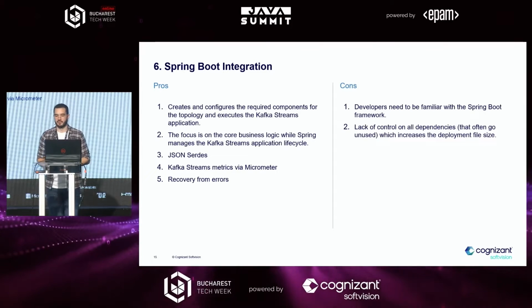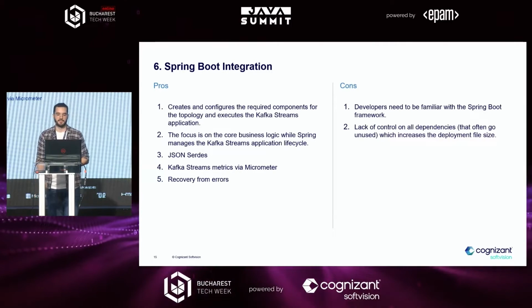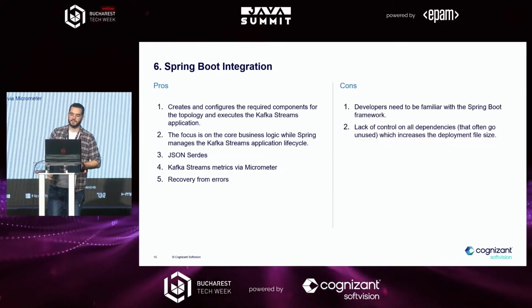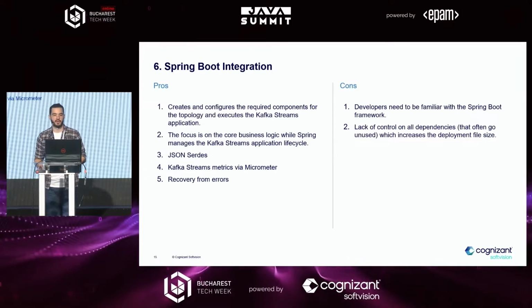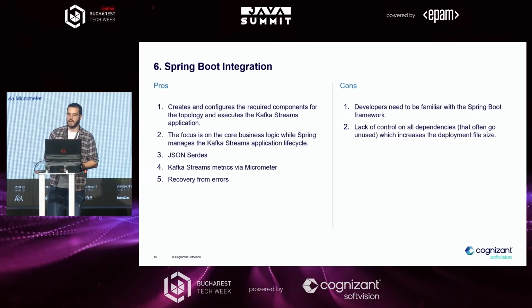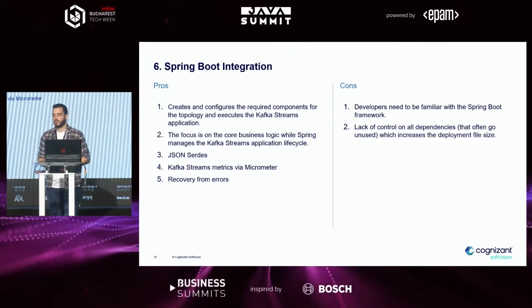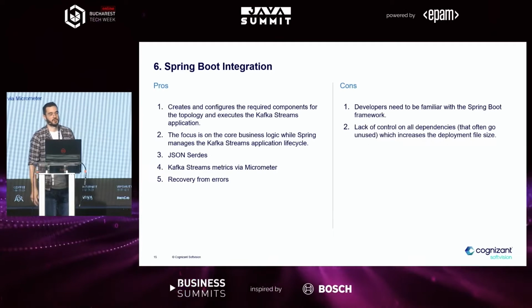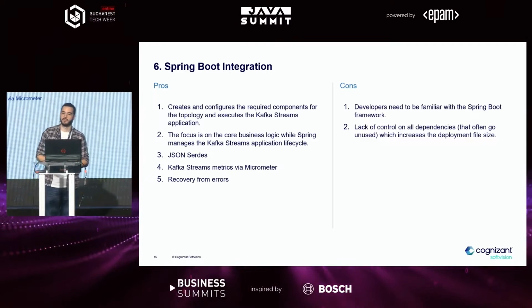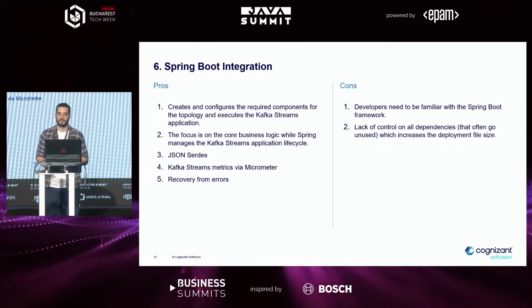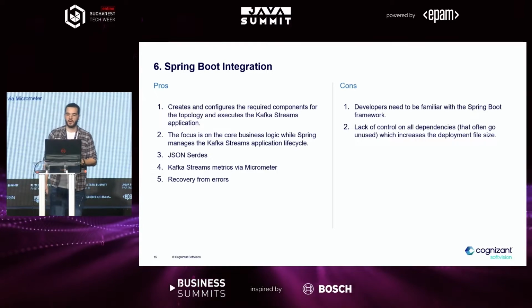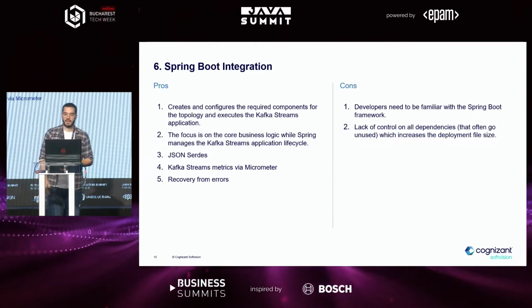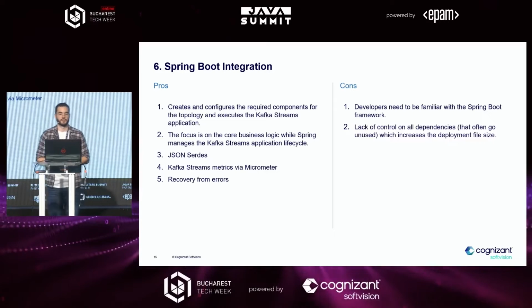Also, Spring provides Jackson-based JSON serializers and deserializers that can come in handy if we're working on a standalone application. Kafka Streams exposes some of the metrics via Micrometer, which is a good way to monitor your application in production. Spring provides some implementations for error handling mechanisms with different strategies that can be applied in your application.